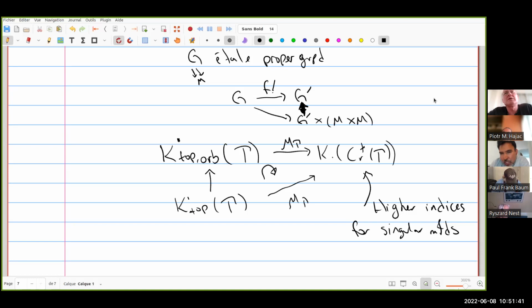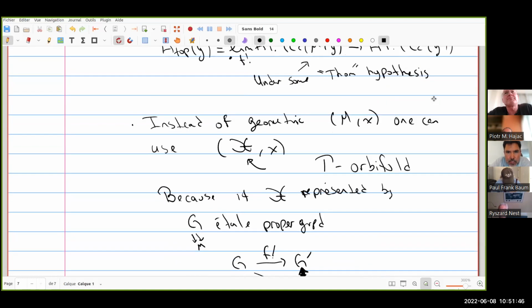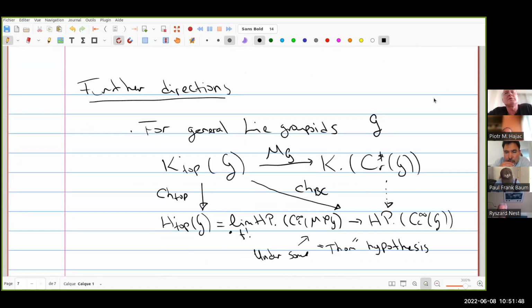Well, in fact, I don't know the answer. It would be very interesting to see that. But you know, as I was mentioning, these Schrick maps work for general groupoids under this Thom hypothesis, but it's already very interesting for, I don't know, some Lie groups, maybe semi-simple connected Lie groups. In that case, the assembly map is known to be an isomorphism, but one would like to have a more geometric description.